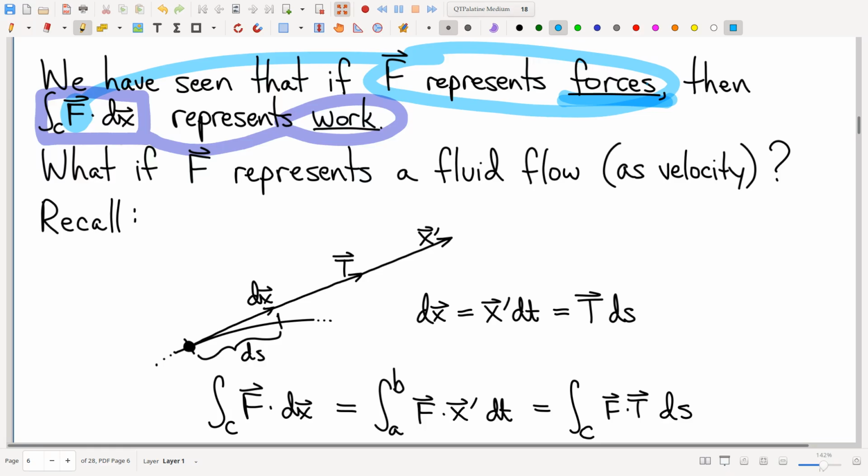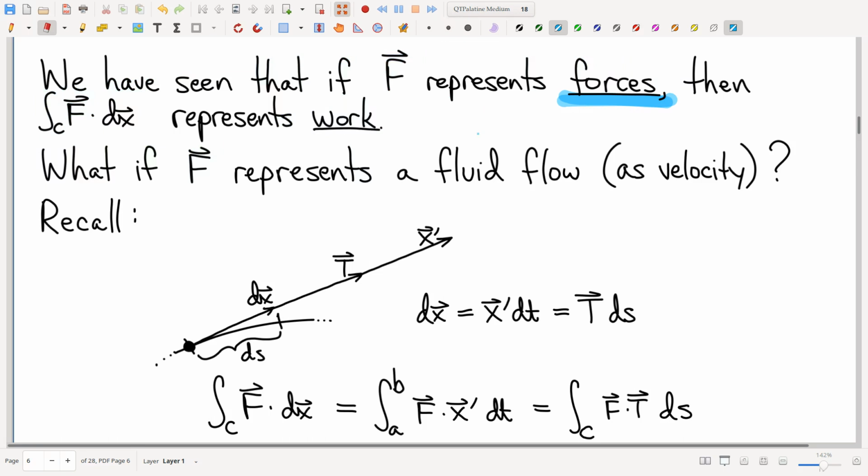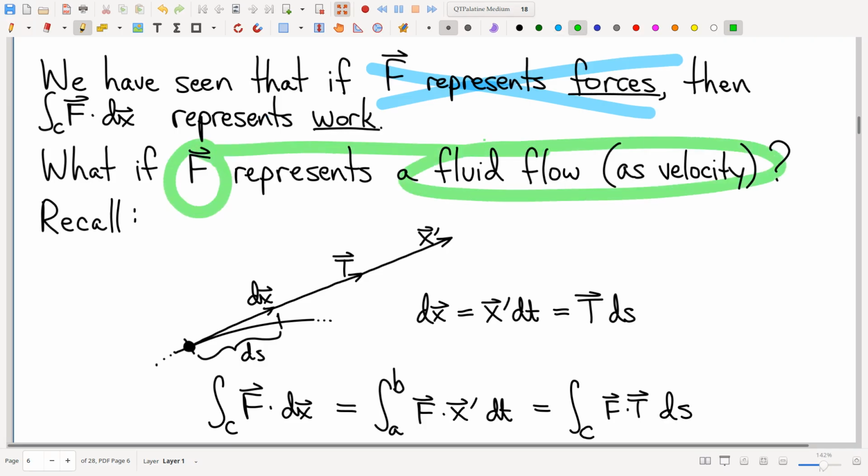Okay, fine. Here's the thing. That is one of our two primary interpretations of vector fields. Vector fields very often are used to represent forces. So it's nice to know what vector line integrals represent in that case, but what if our vector field does not represent force? What if it represents the velocity of a fluid flow?